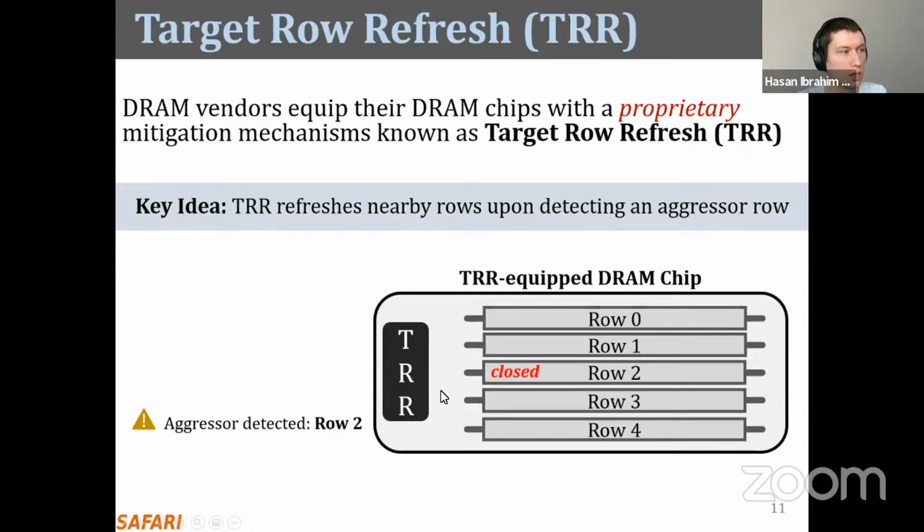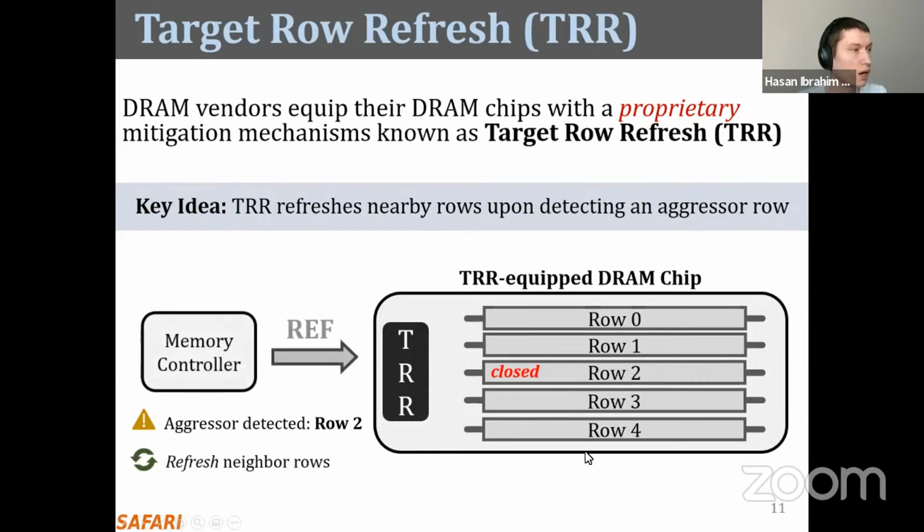This assumes a TRR mechanism that operates correctly and is able to detect the row that we hammer. Upon detecting row 2 as an aggressor row, the TRR mechanism refreshes the neighbor rows, which are row 1 and row 3. And it does so during the time normally allocated for performing regular refreshes.